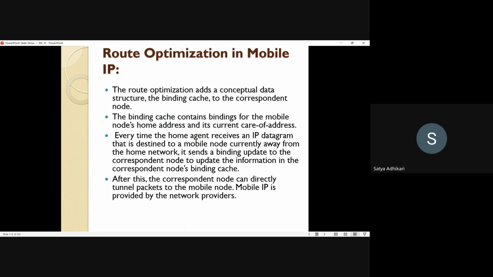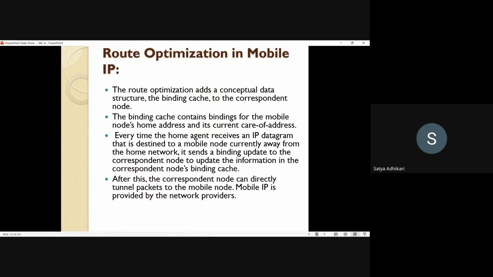Every time the home agent receives an IP datagram that is destined to a mobile node currently away from the home network, it sends a binding update to the correspondent node to update the information in the correspondent node's binding cache.